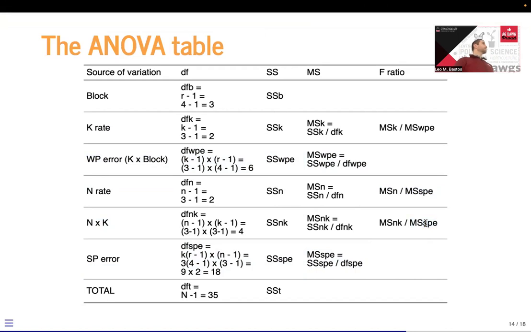So if you look at this F ratio here, in the denominator of N rate and the interaction, we have the split plot error. And this, again, is important to notice because even if you plan your study and randomize properly as a split plot or CBD, and then you collect your data and analyze it without specifying the proper model, let's say I erroneously run a model exactly like we did last week for an RCBD, then the degrees of freedom of the error are the same for all of these effects.